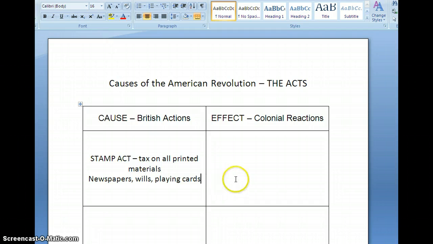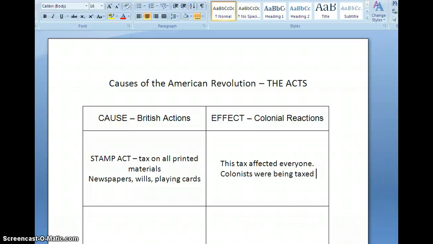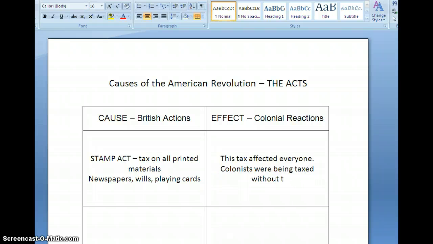So the cause, the British action, was the Stamp Act, and the colonial reaction was this tax affected everyone. Colonists were being taxed without their consent. That means without their approval, without their permission.